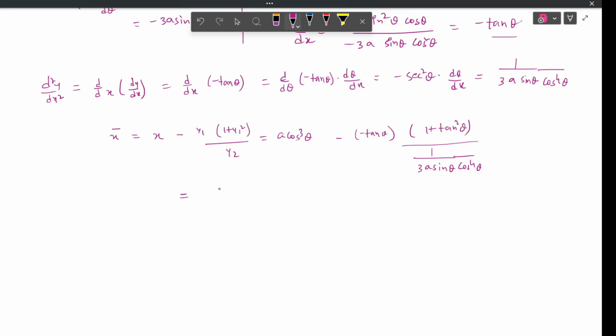So this would be a cos cube theta plus, minus minus plus, it will go in the numerator, tan theta into 1 plus tan square theta, which is sec square theta, into 3a sin theta cos to the power 4 theta.